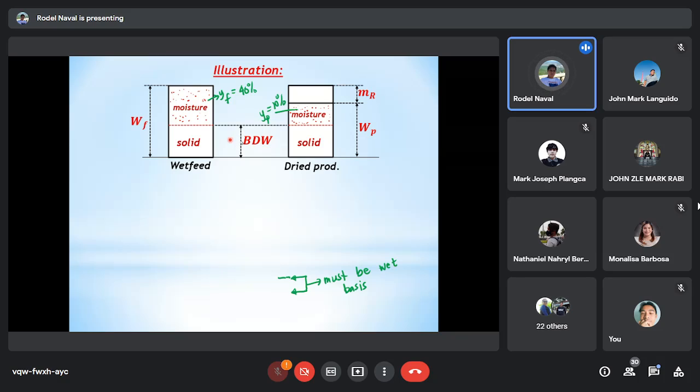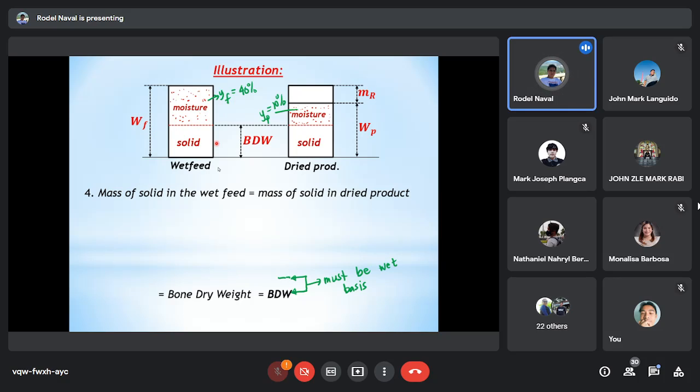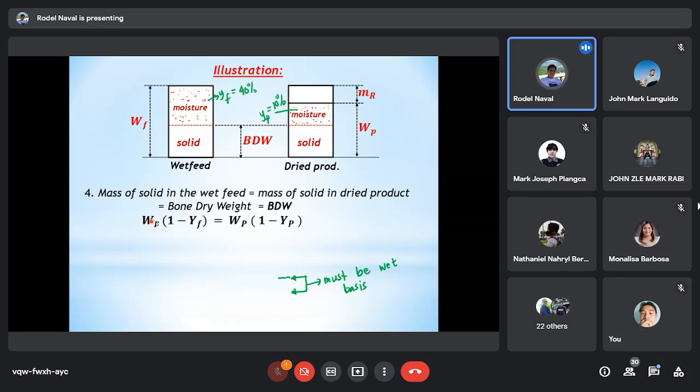Okay, by equating, class, the solid in the wet feed equals the solid in the dried product. The solid here is WF times quantity 1 minus YF. This is the bone dry weight. This is the solid in feed, 1 minus 40%.